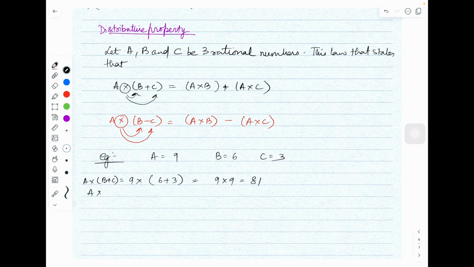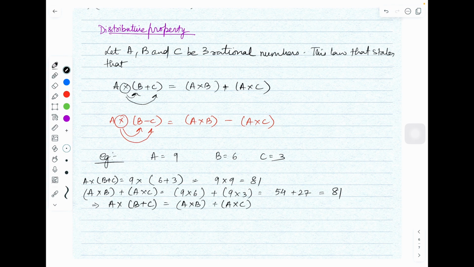Now A into B plus A into C. A is 9, B is 6, so 9 into 6 is 54, plus 9 into C, which is 3, is 27. If you add them, you get 81. So we know this one is true. Both are equal: A into B plus A into C.